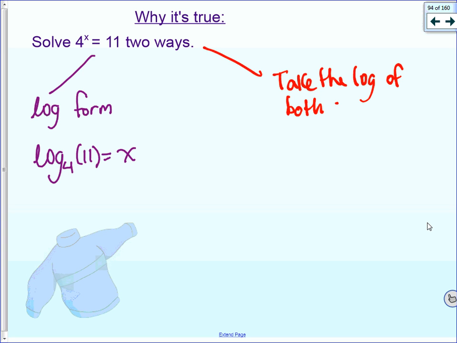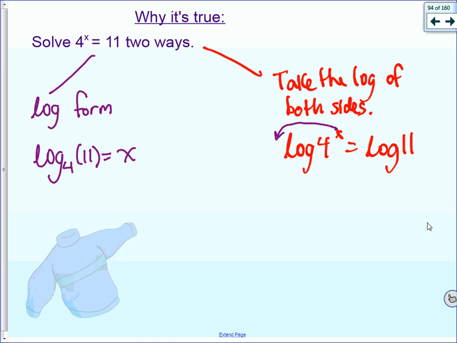Log of 4 to the x equals log of 11. So as long as you do the log of the same base on both sides, it's a legal move. And now, because of the property you learned yesterday, we can write that x up front.